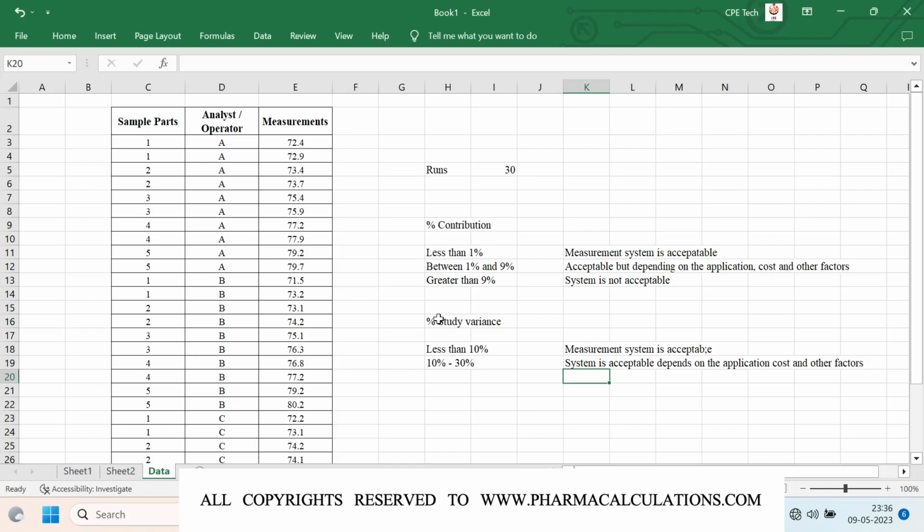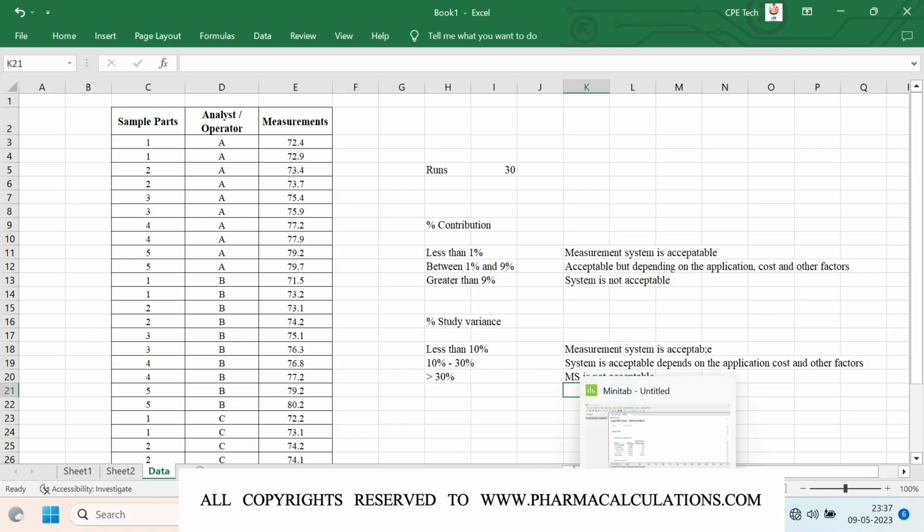That means there is still a margin for improvement. And if it is greater than 30%, the measurement system is not acceptable. So again, we need to perform certain calibrations or fine tuning so that the error in this percentage study variation is reduced to below 30%, or it can be further improved to below 10%.